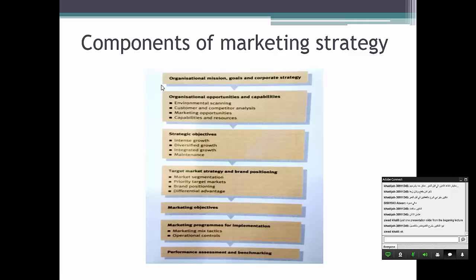And then we need to think about the marketing programs for implementation, and the marketing programs are very important because they are the execution of the marketing plan. If you have a plan and you cannot execute it, then the plan is useless. When you create a plan, you need to make sure that it can be executed.